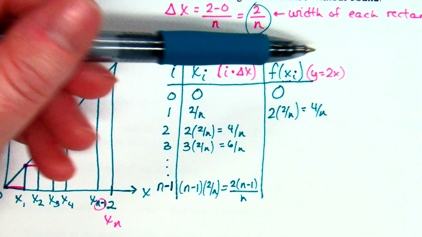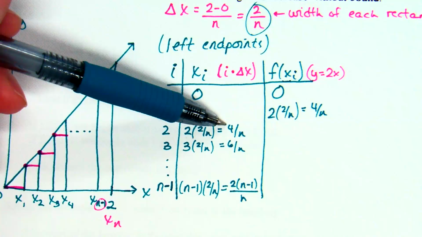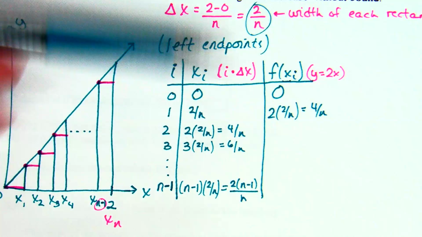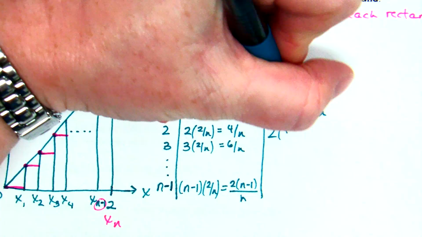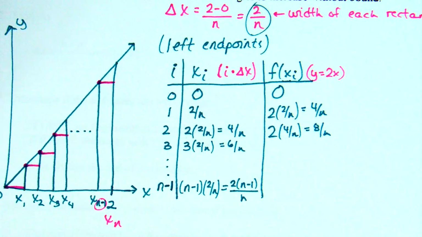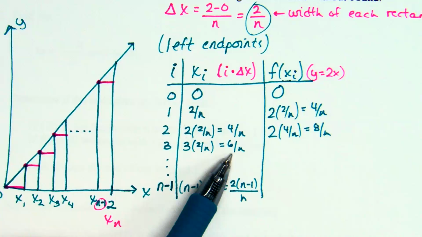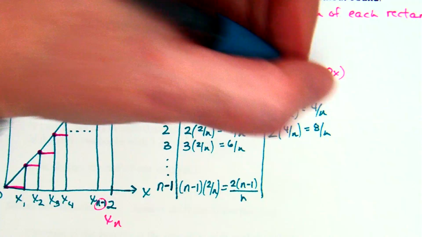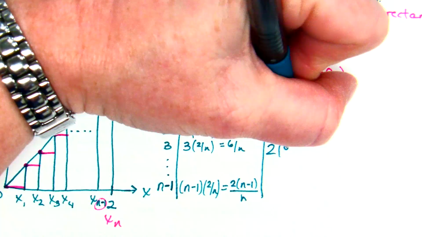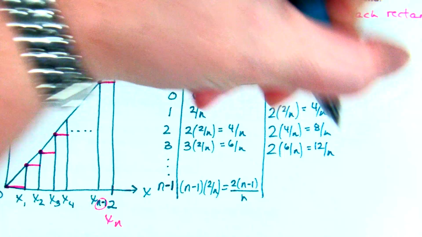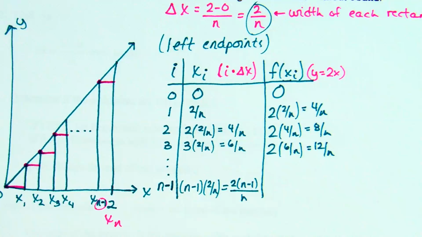Dot, dot, dot, right? Just trying to get us a handful. This next one we're doing 2 times 2 times n minus 1 over n. And what I'll do there, again, I don't want to distribute it, but you can go ahead and do the 2 times 2 is 4. So I'm going to say 4, parentheses, n minus 1, all over n.